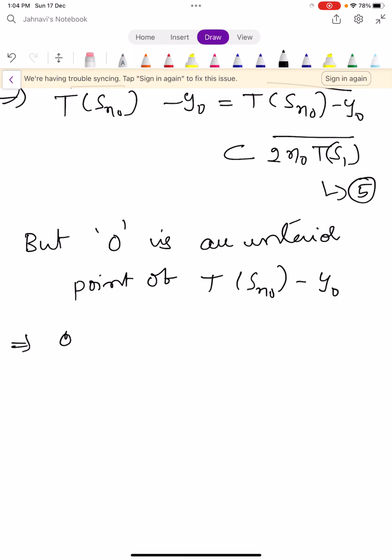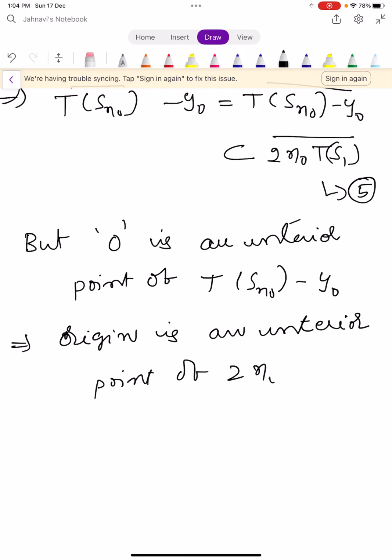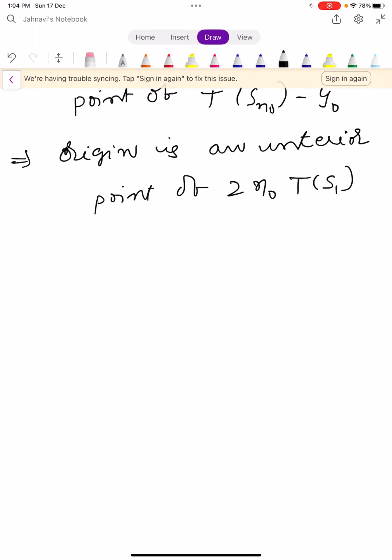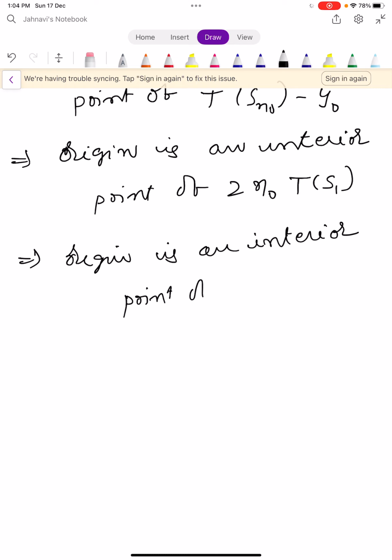This condition implies origin is an interior point of 2n naught T of S1. So origin is an interior point of 2n naught T of S1 means clearly this origin is an interior point of T of S1.